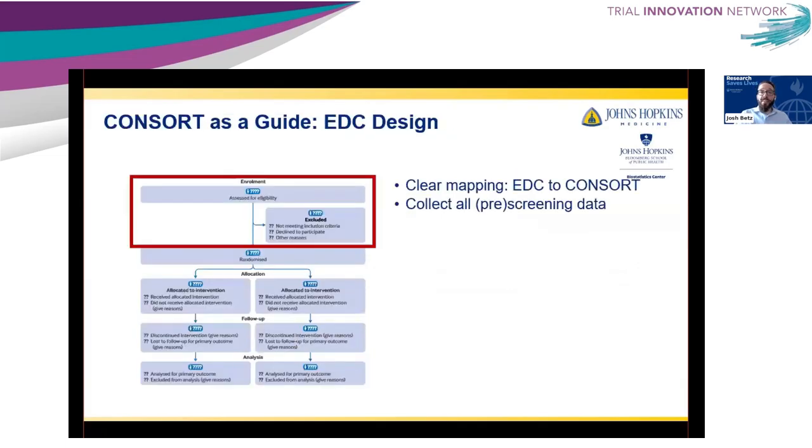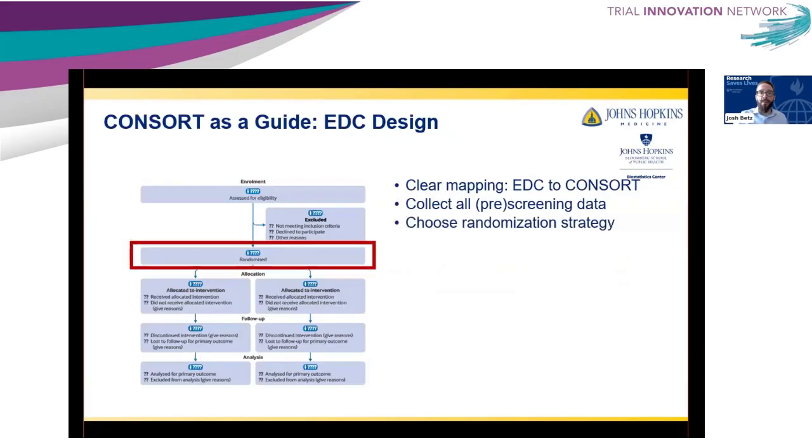It's important to understand that we also need a clear mapping from all the data we're collecting to what we ultimately need to report at the end of the day. Making sure that our database or EDC is collecting all relevant pre-screening data, that we understand how the data we collect is going to fill in each of those data elements in the top part of the CONSORT diagram.